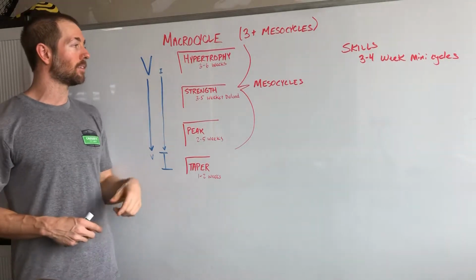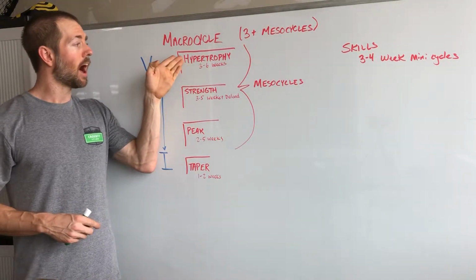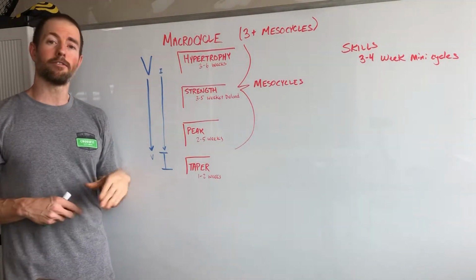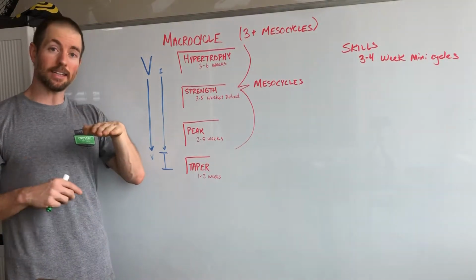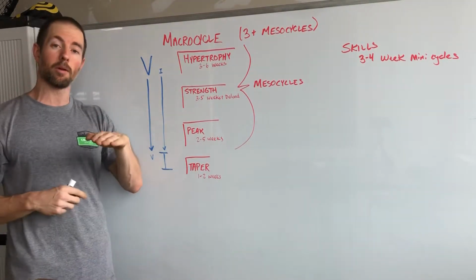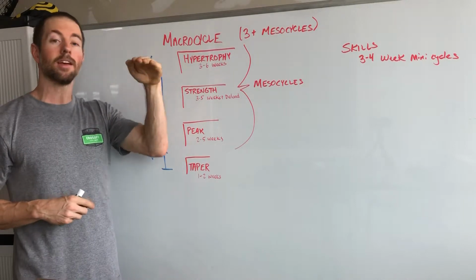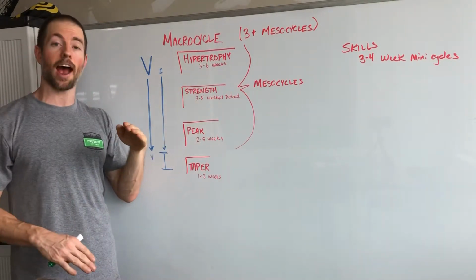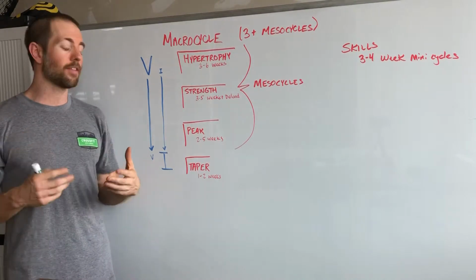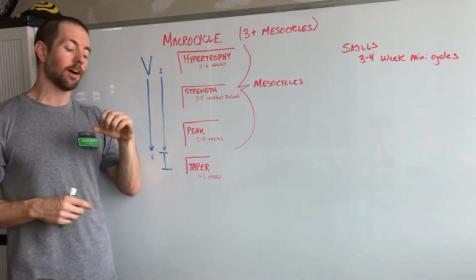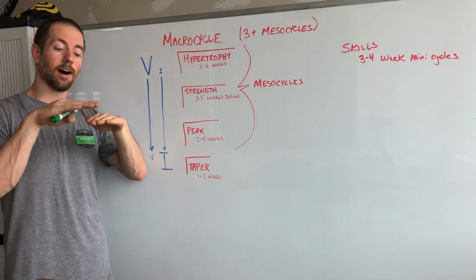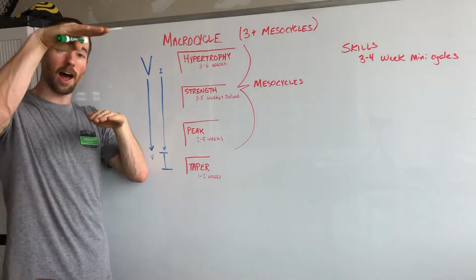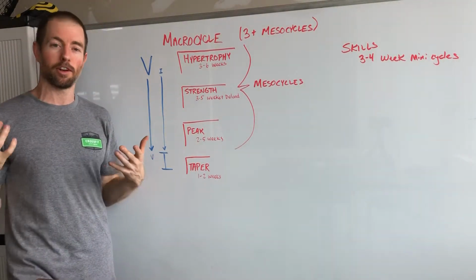But typically what we see also is the first week in a phase is going to be the easiest or lowest volume, and then we're going to work up in volume each week. We might have a transition week or a deload week where we would drastically cut the volume. And then some programs like to do like a medium volume, a really low volume, and a high volume. So different programs do it in different ways.